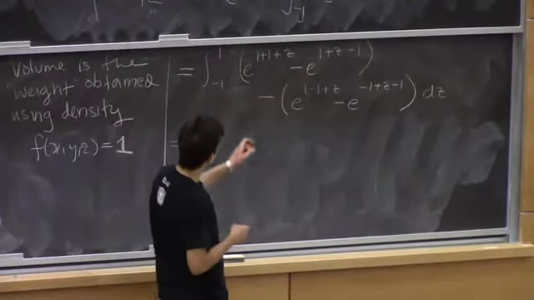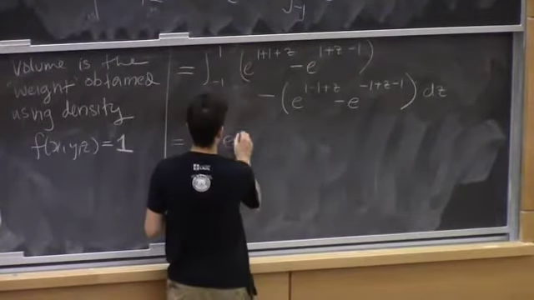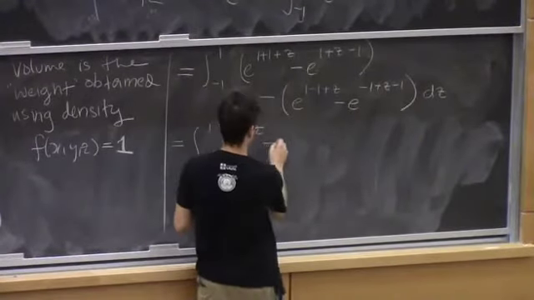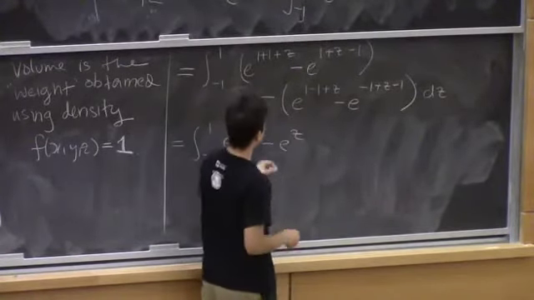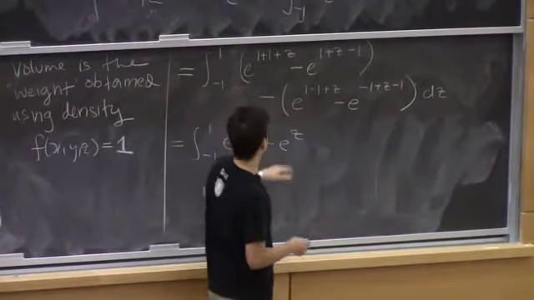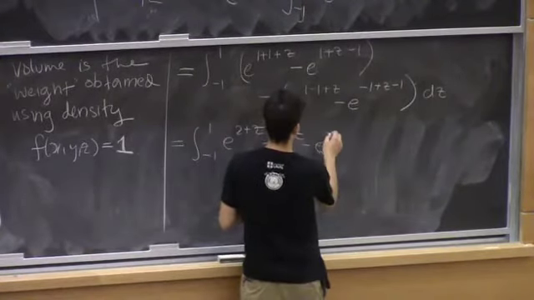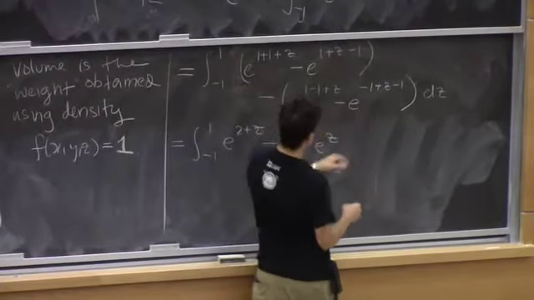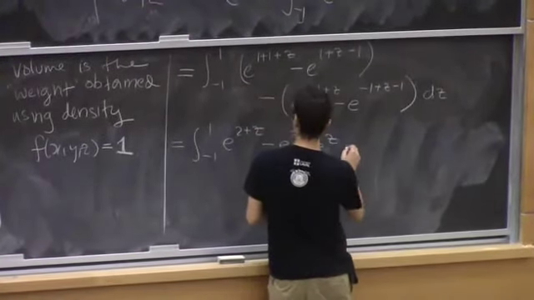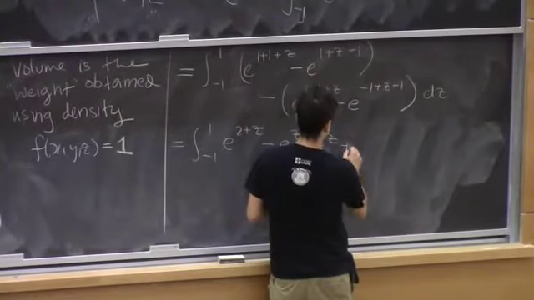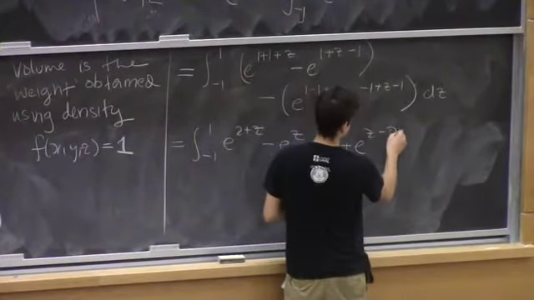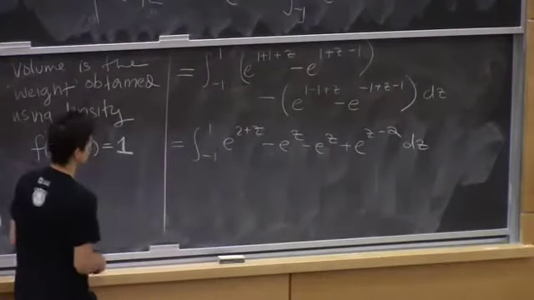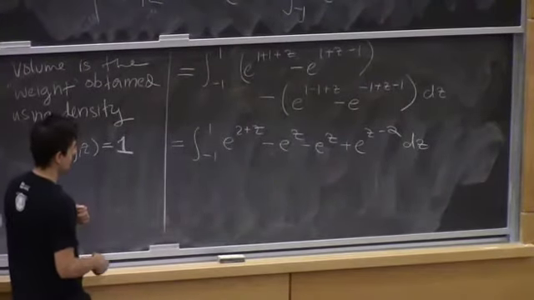Okay, so what do we got? We've got 2 plus z minus e to the z minus e to the z plus e to the negative 2z.